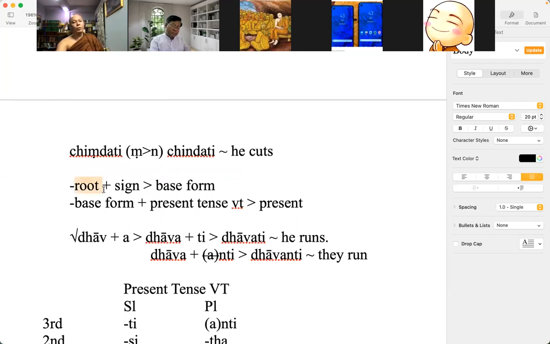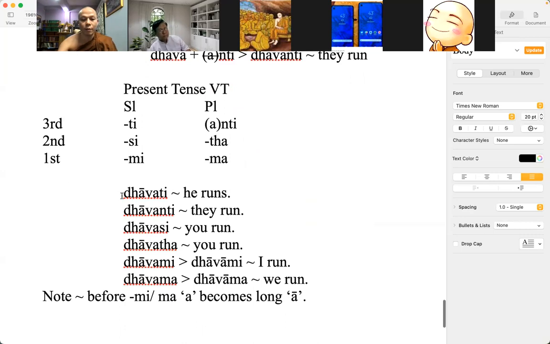So to the root, by adding the conjugation sign, we have the base form. By adding the verb termination to that base form, we have the present verb. Now here are six forms based on the three persons and two numbers. We have the six words: dawati, dawanti, dawasi, dawatha, dawami, dawama.